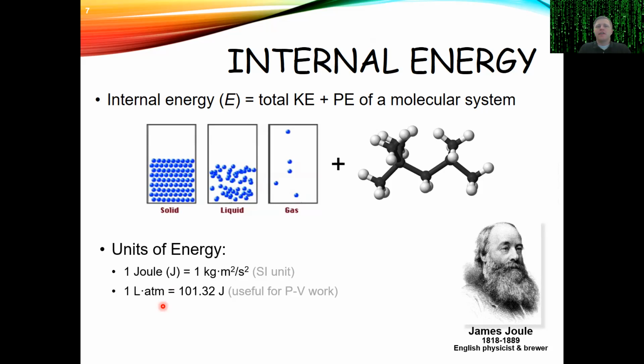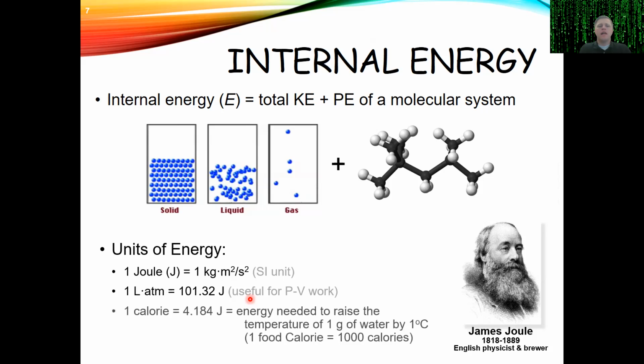It's literally just liters times atmosphere, so volume times pressure. And if you take volume times pressure, you can actually get back to these base units for the joule. A liter atmosphere is equal to 101.32 joules. We're going to use this a lot in chemistry, and you'll see why as we get into actually using energy in a minute. And then the last unit is what's called the calorie.